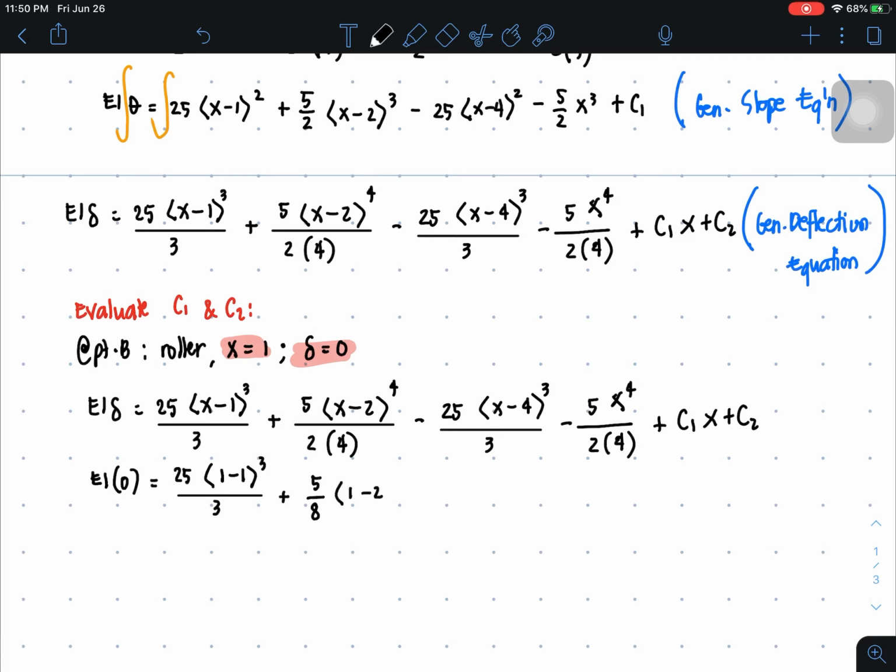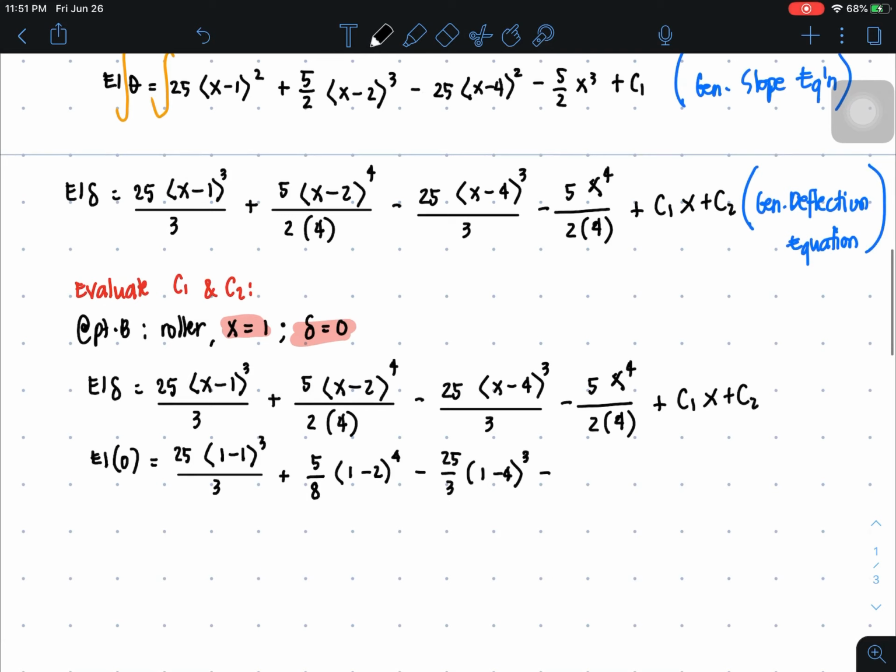And then x is 1 minus 2 to the 4th power, minus 25 over 3 times x is 1 minus 4 cubed, then minus 5 over 8 times 1 to the 4th power, plus c1x, or x is equal to 1, then plus c2.